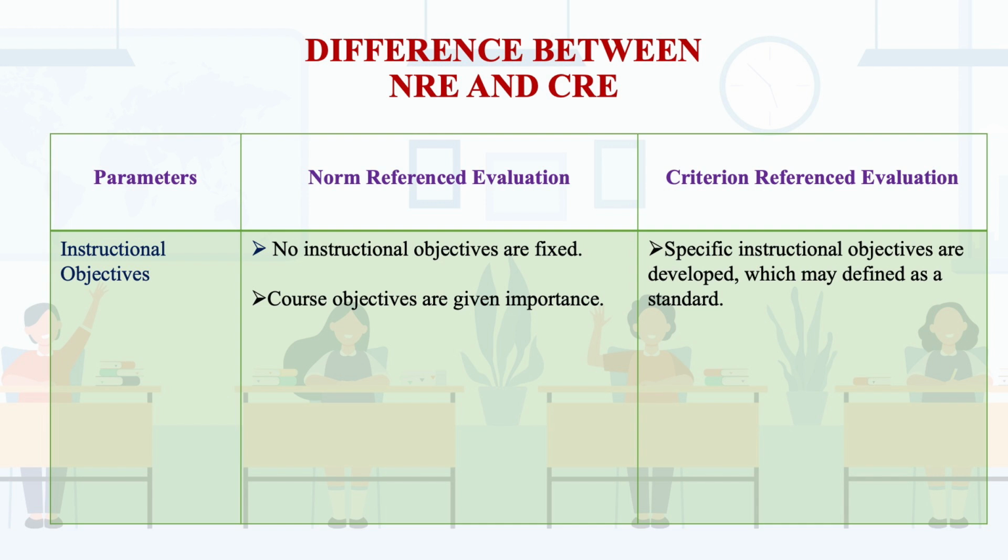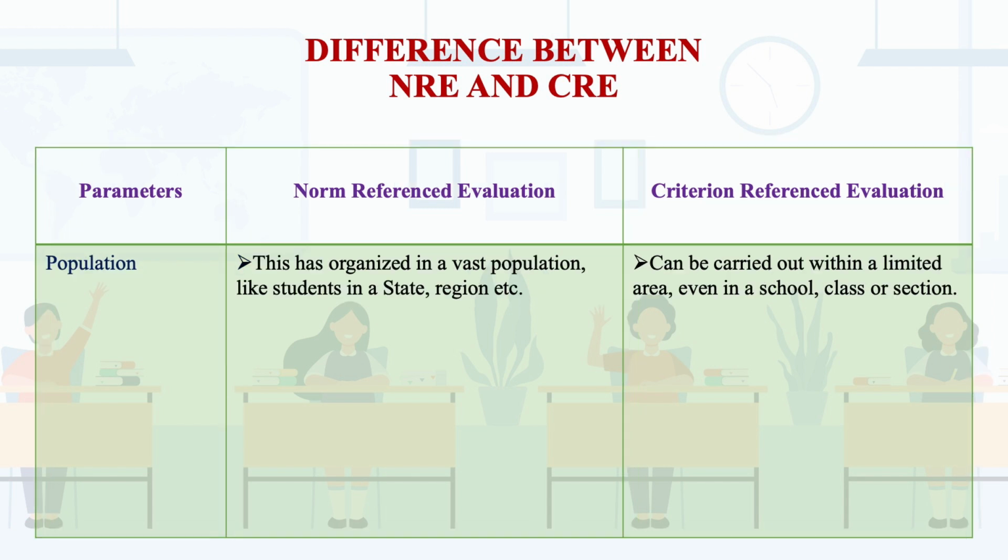So try to understand that you have to set, you have to construct instructional objectives for the criterion referenced test, because instructional objectives will be related with the specific content. And so far as population is concerned, norm referenced evaluation is conducted taking a vast population, a huge population, whereas criterion referenced evaluation is conducted taking the students the teachers are directly dealing with.